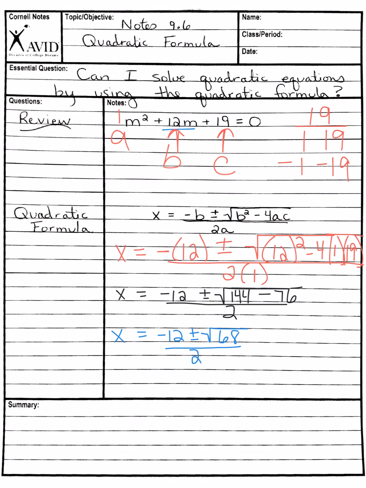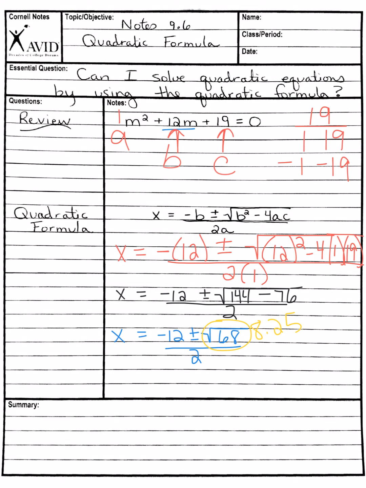So now we need to think, what is the square root of 68? If we type that into our calculator, we're going to get 8.25. So this is going to be 8.25. So I'm going to write this out. We're going to have 2 different answers.